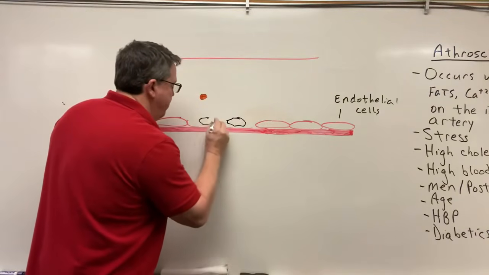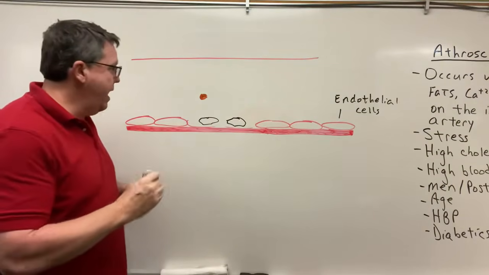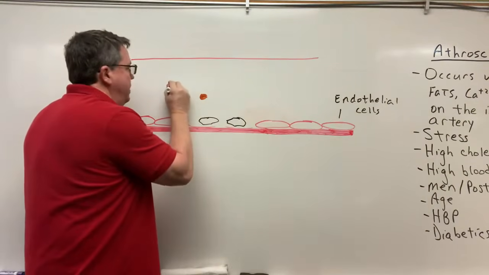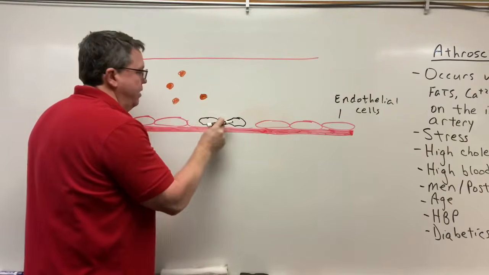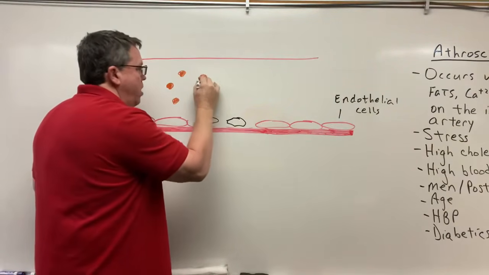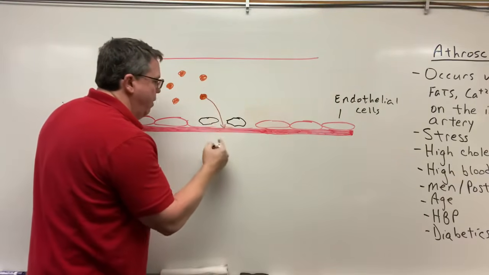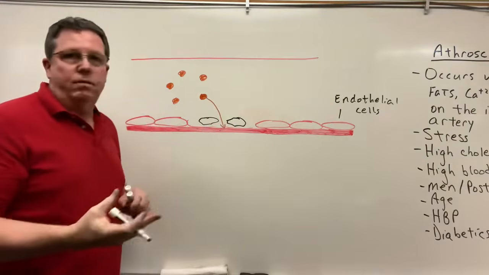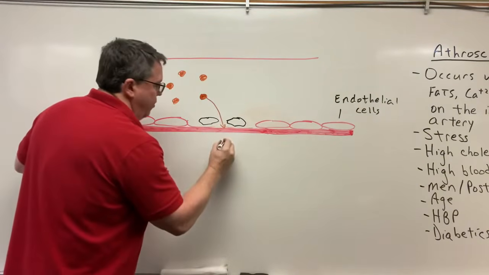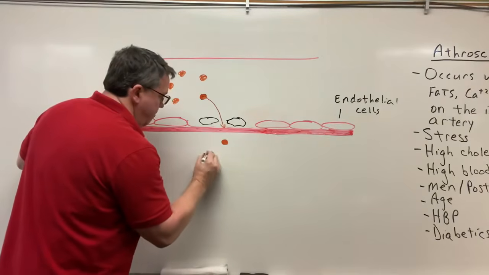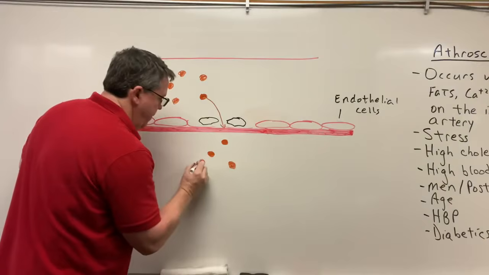As I eat more and more LDLs, more than I need, and LDLs can damage these cells too, the LDLs will go through into what we call the subintima space, which is right below the endothelial lining. So now I have these LDLs in this area.